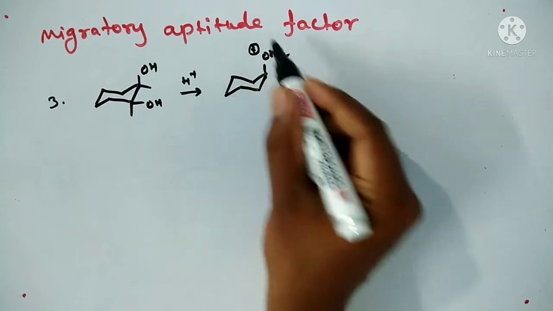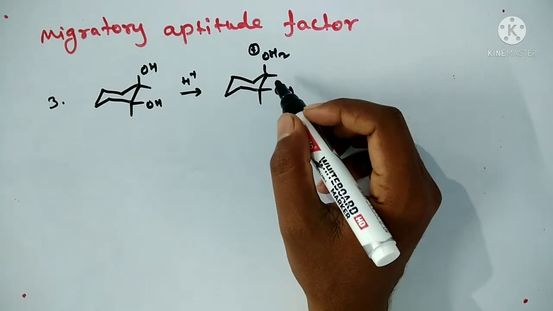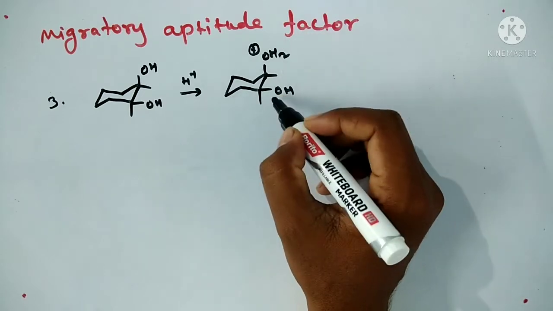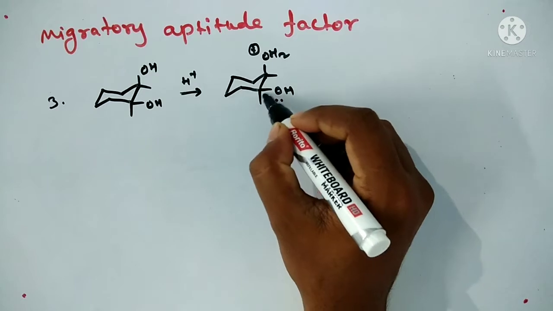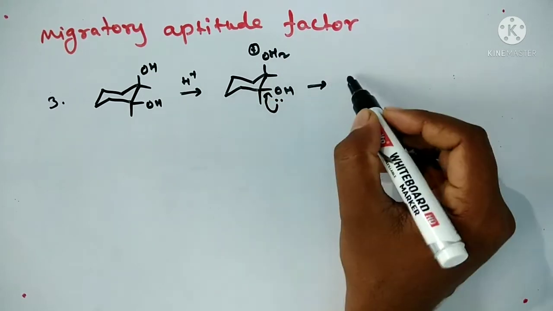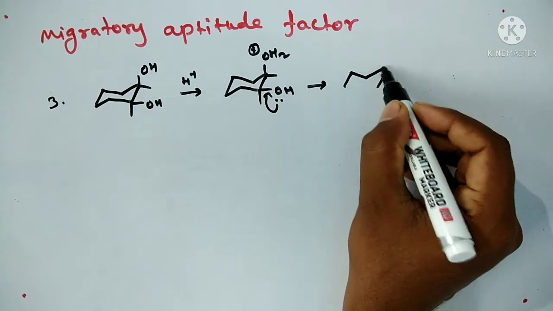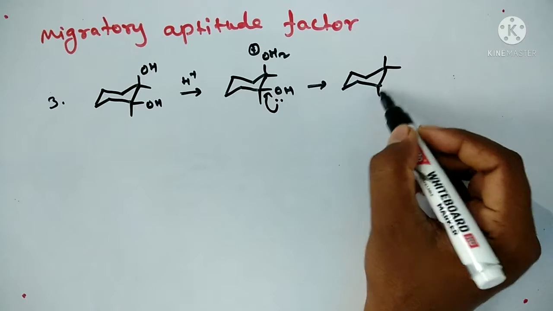Then the elimination of a water molecule and, at the same time, methyl group migration. So what you get is methyl, methyl and then a ketone.